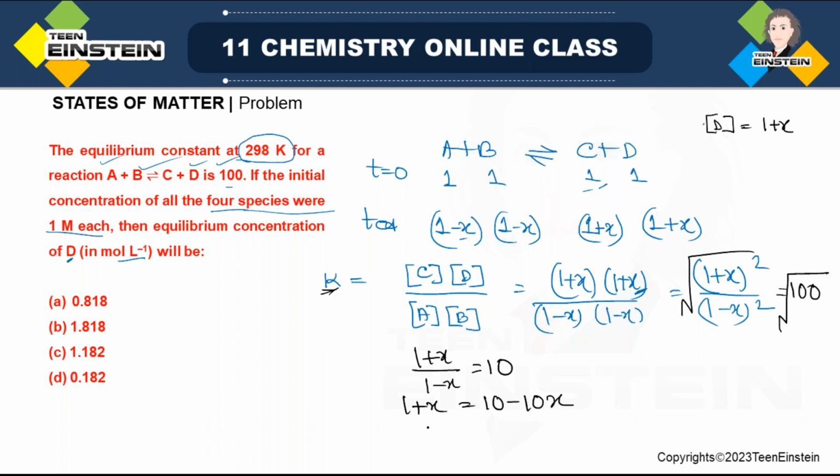Now it is 11x equals 9. So x is 9 divided by 11, and this value is 0.818. That means if x is 0.818, the correct answer should be the second option. Okay, so in this way we'll solve this problem.